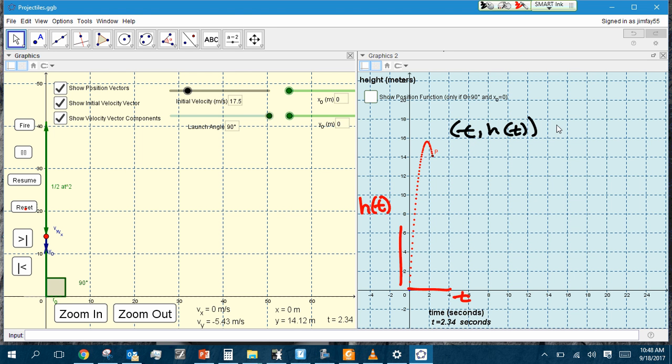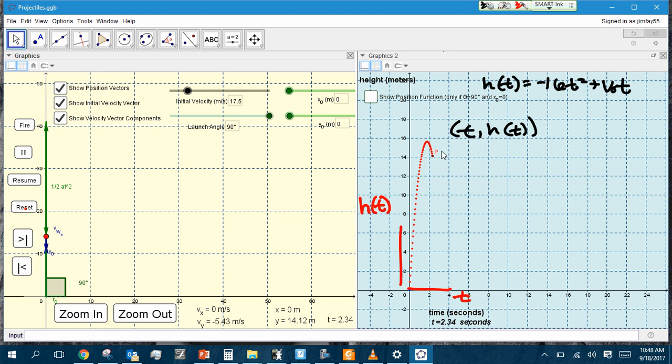So these are ordered pairs that are coming from this expression where we had negative 16 t squared plus some initial velocity times t. And if you see over here, this would be negative 16 t squared plus initial velocity 17.5 t. That would be that function.